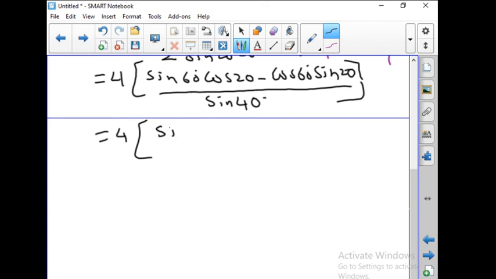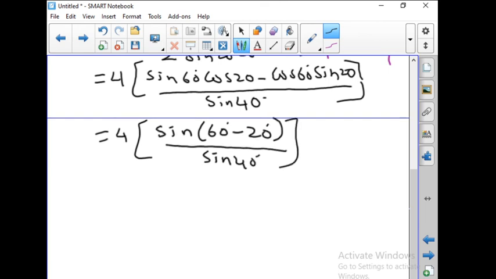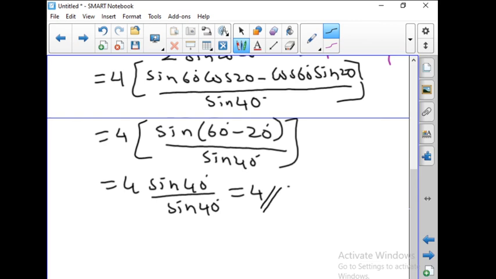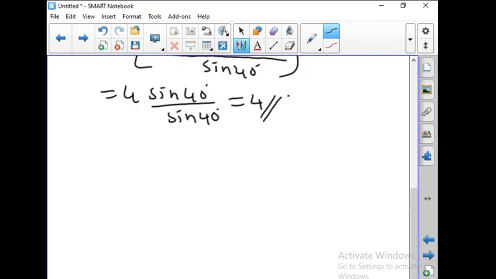It is sin A minus B. So sin 60 minus 20 by sin 40. So it is equal to 4 sin 40 by sin 40, which is equal to 4. Okay. So we have completed this example. So this exercise is over. Thank you, students.